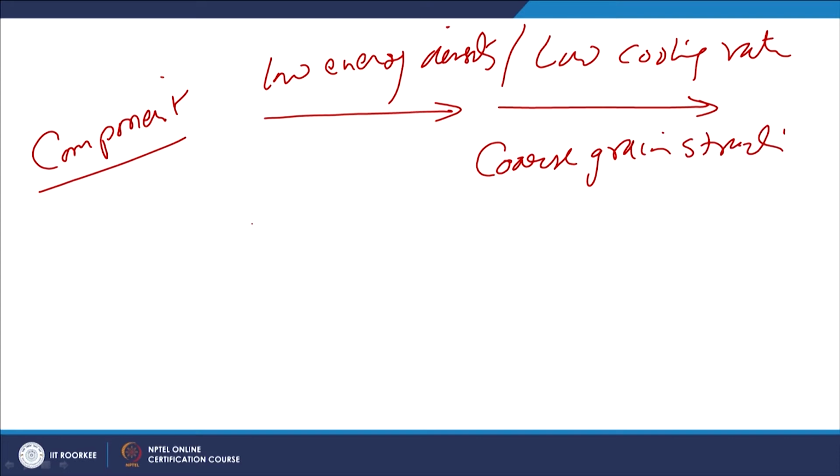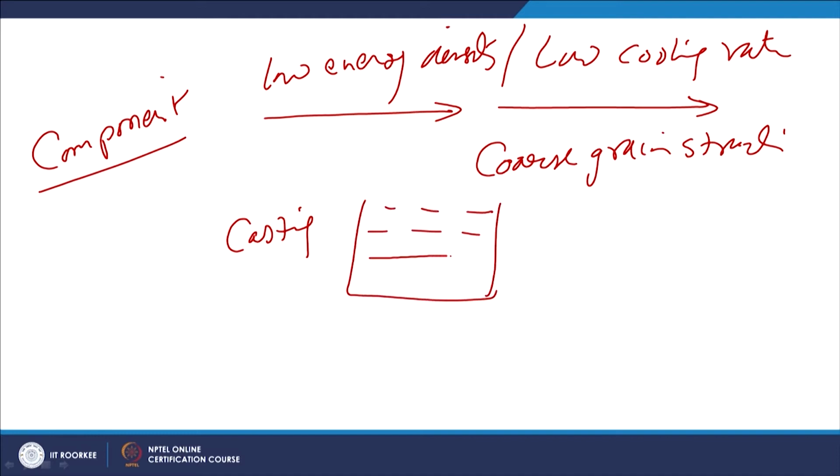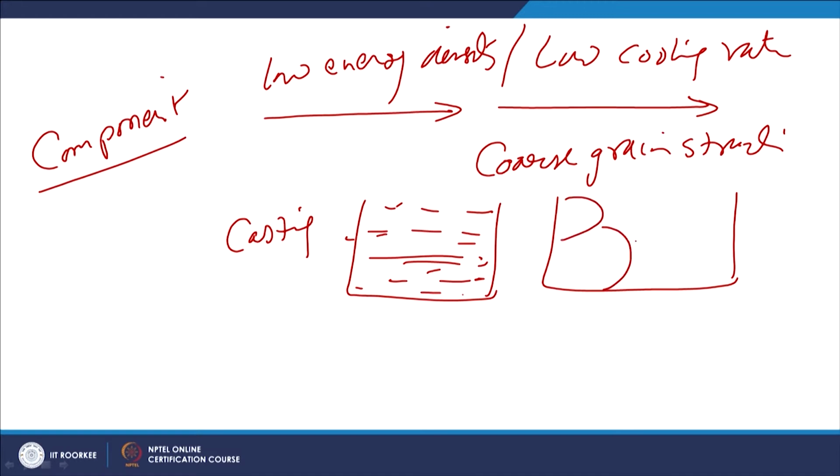So, processes like casting, where the molten metal is allowed to solidify at comparatively lower cooling rates, result in a very coarse grain structure in the casting.